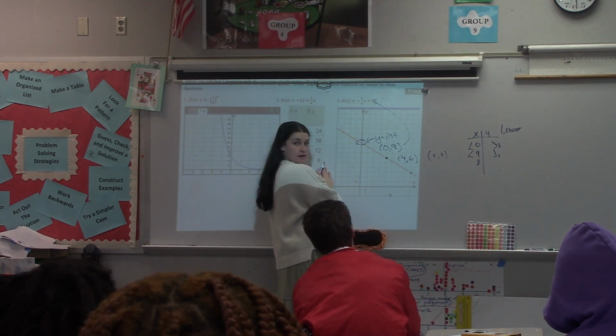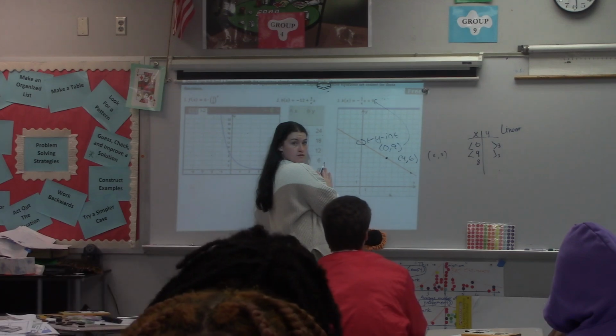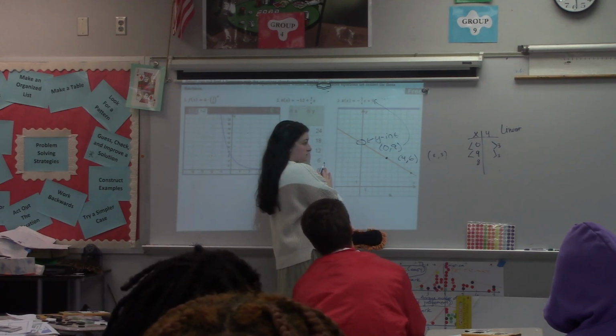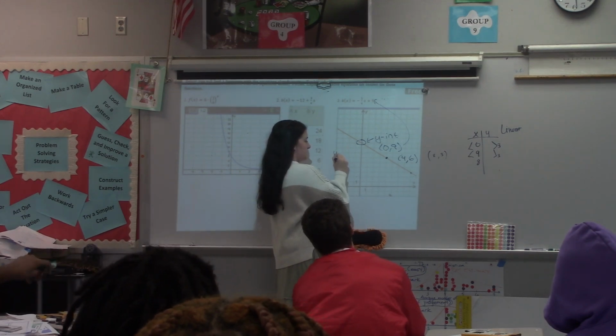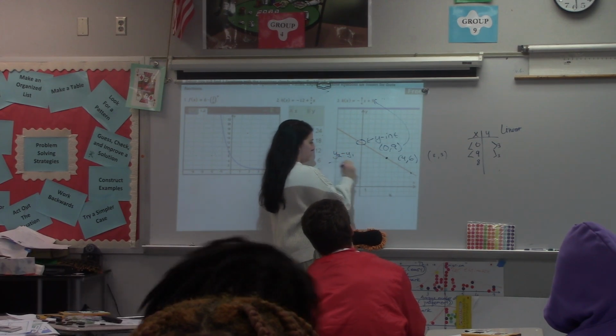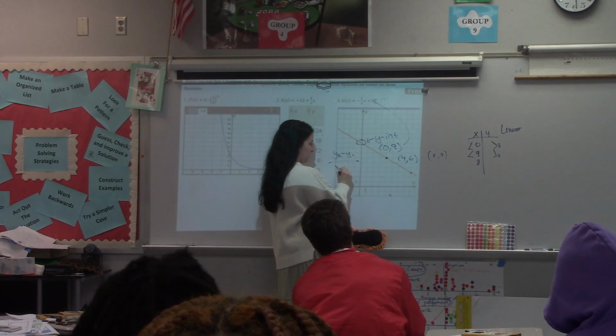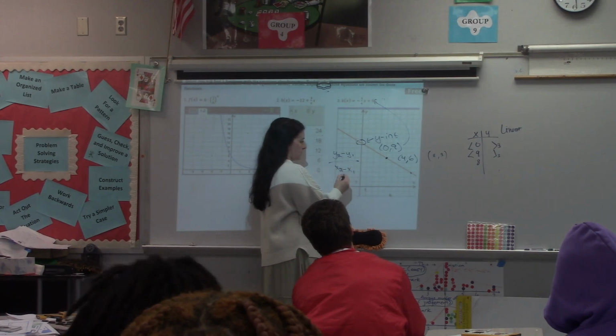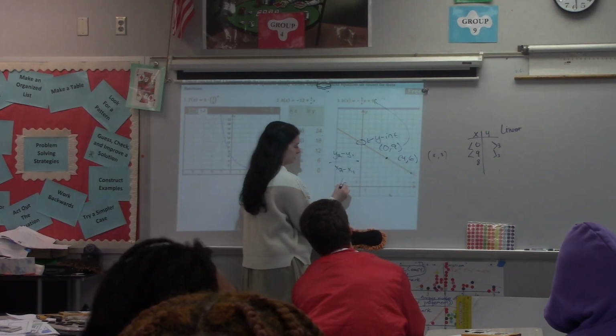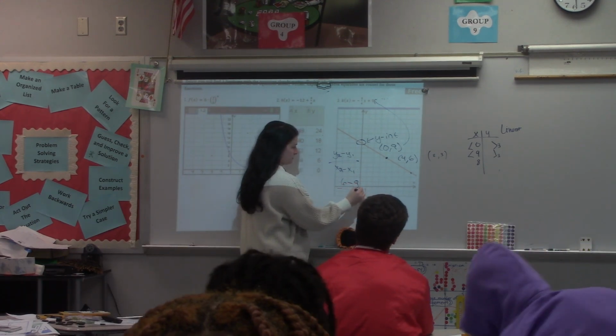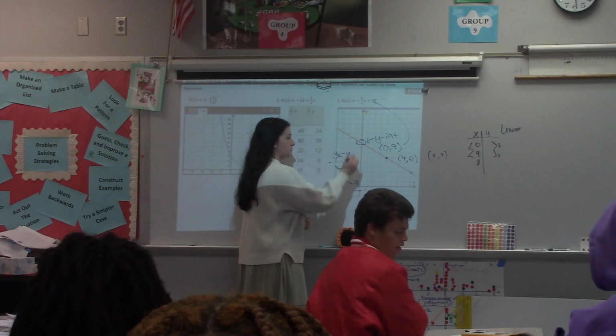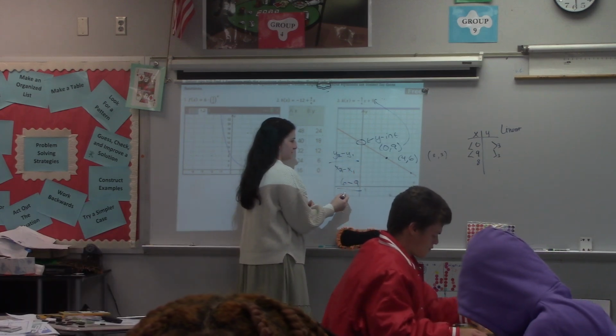How do I find my change in y? y2 minus y1 over x2 minus x1. y2, 6 minus 9. Just do right side of the run.